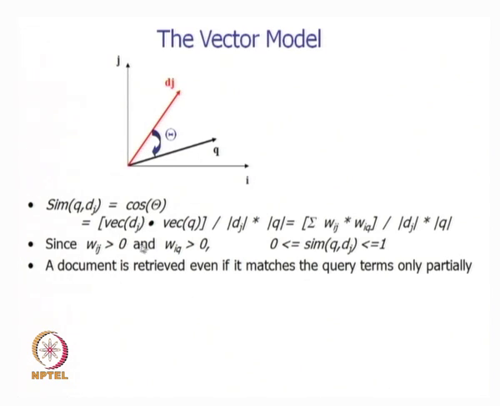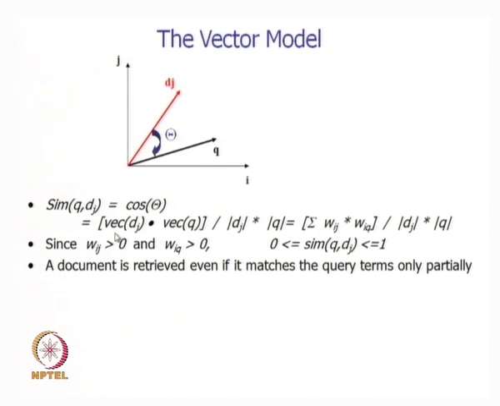So, this is computed as vector for dj dot vector for q, the dot product, divided by the mod of dj and the mod of q, because we know that the dot product is nothing but the product of the magnitude of the vectors and the cos of the angle between them. So, this particular expression gives us the cos of the angle between the two vectors.